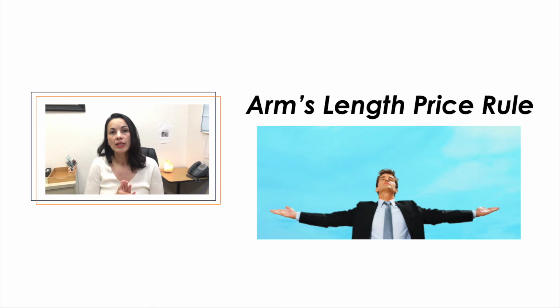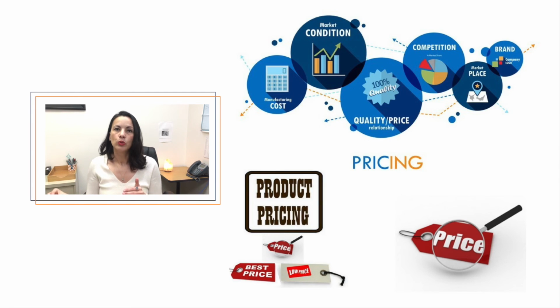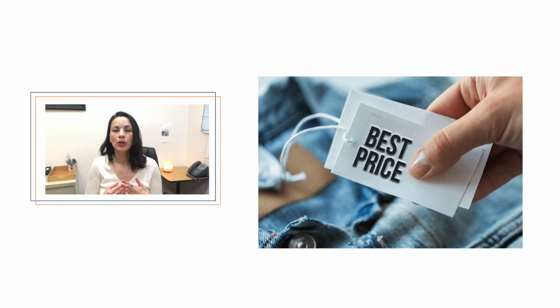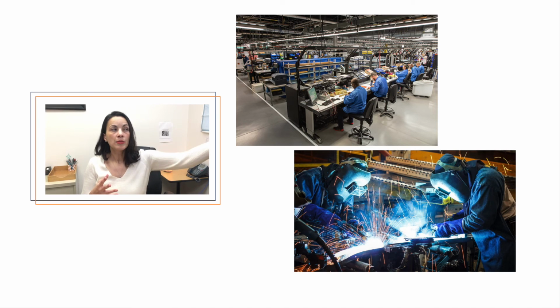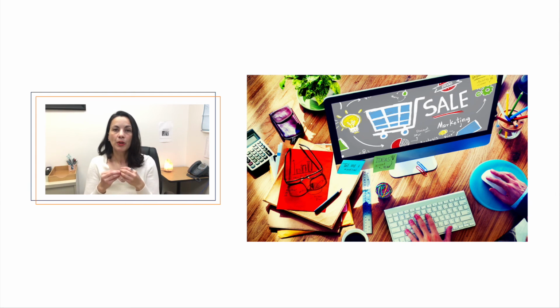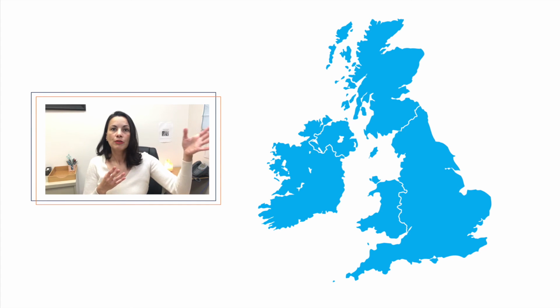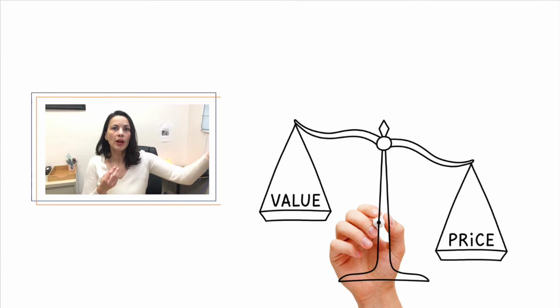Now, there's this rule called the arm's length rule. And what that means is that when you're pricing your product, it has to be according to the market price. So if I am in the US and I have my manufacturing plant here, and I am transferring another product to my UK subsidiary, I have to price my product to them to reflect what it will cost them to get the same product in their market.